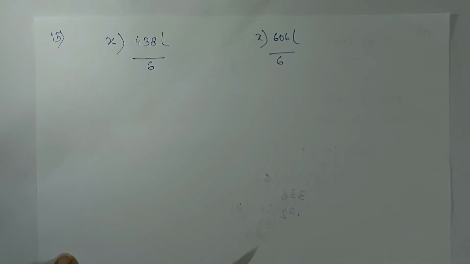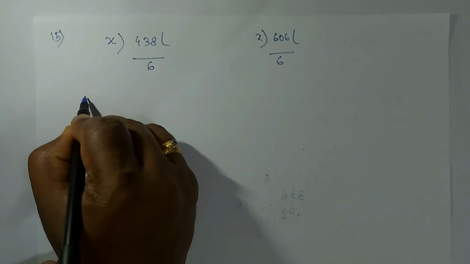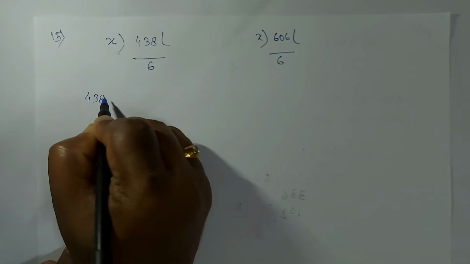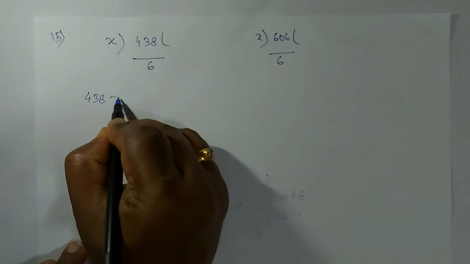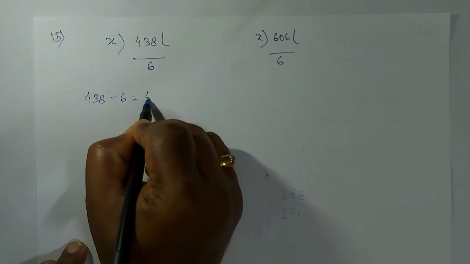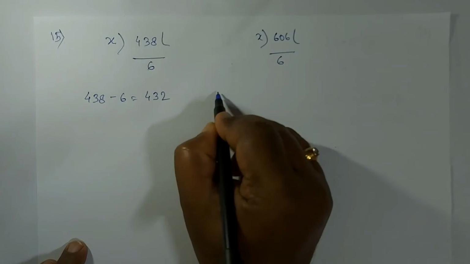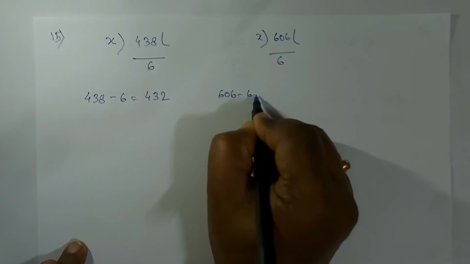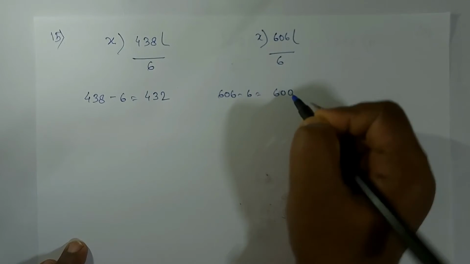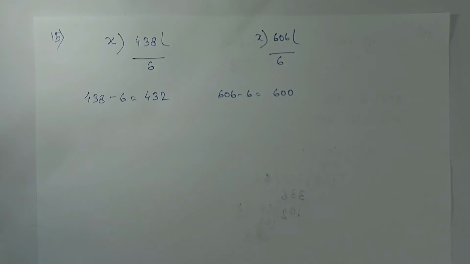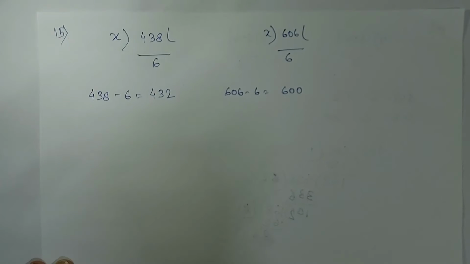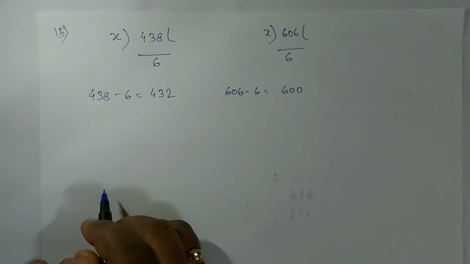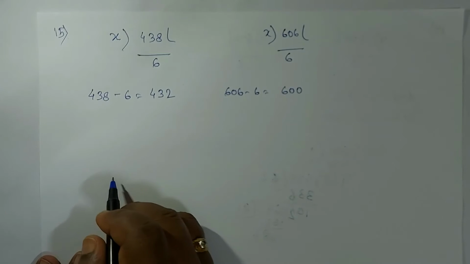First do the subtraction. 438 minus 6 is equal to 432, and 606 minus 6 is equal to 600. Now we will do the HCF.